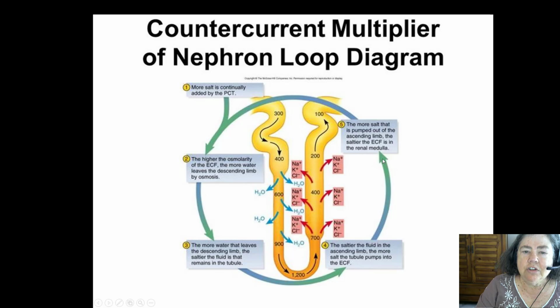As the salt is pumped out into this interstitial tissue in the renal medulla, it raises the osmolarity of the interstitial fluid.